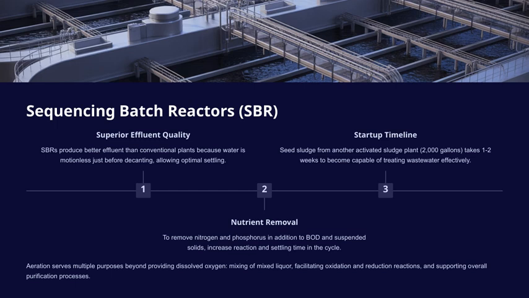Beyond just providing dissolved oxygen, it also helps mix the mixed liquor, promotes oxidation and reduction reactions, and supports the overall purification process. All these points highlight how SBRs are flexible and efficient, especially when aiming for high-quality effluent and nutrient removal, which are key themes in our overall treatment strategies.